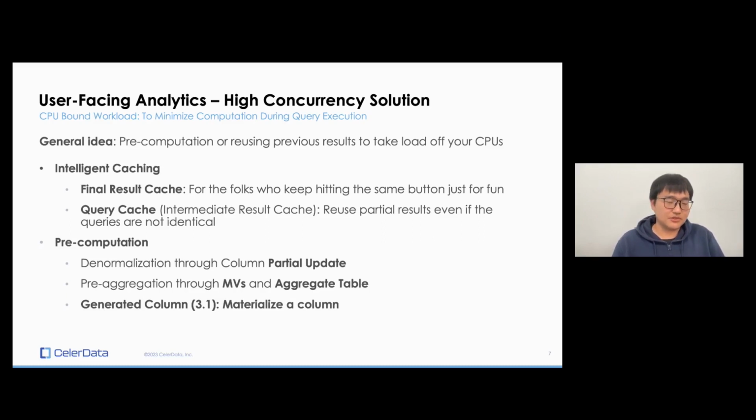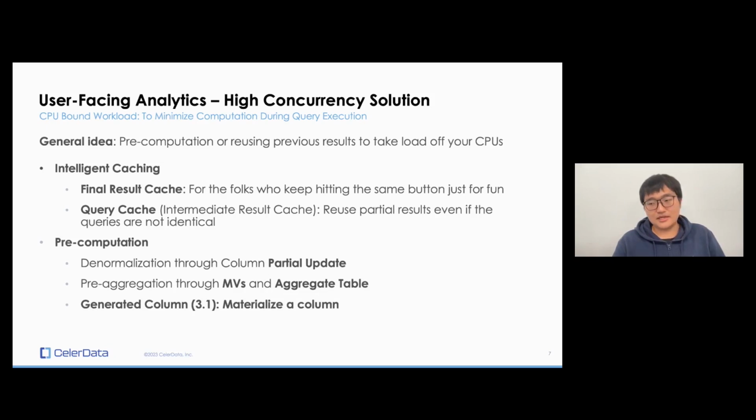First is through pre-computation. You anticipate what is going to be queried by the user, and you prepare that result beforehand: pre-computation, pre-aggregation, denormalization. Or you can use the previous result from other users or from the same user, and you reuse the result or the partial result to take load off your CPU.